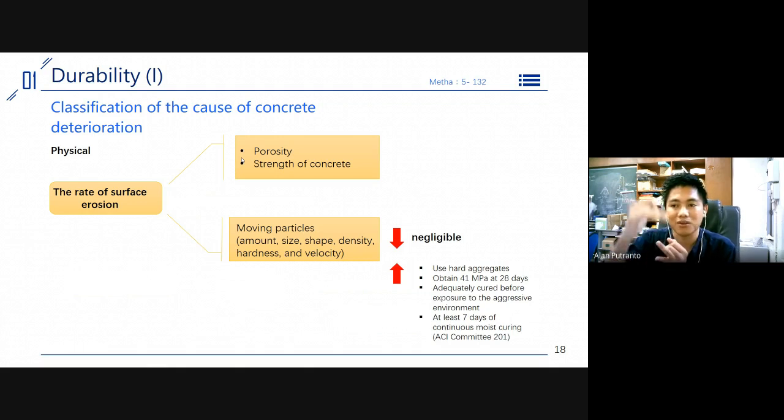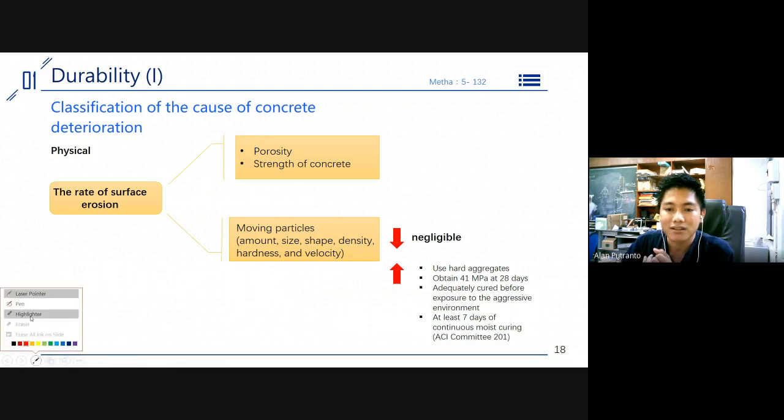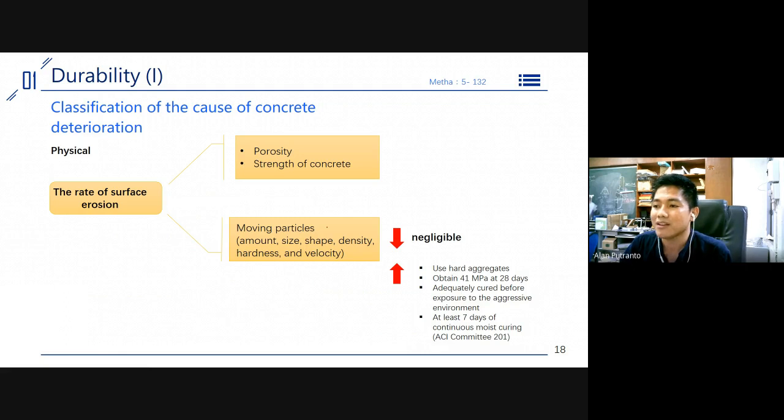The second one is moving particles: the amount, size, shape, density, hardness, and velocity. If all of these parameters are small, the rate of erosion should be negligible.